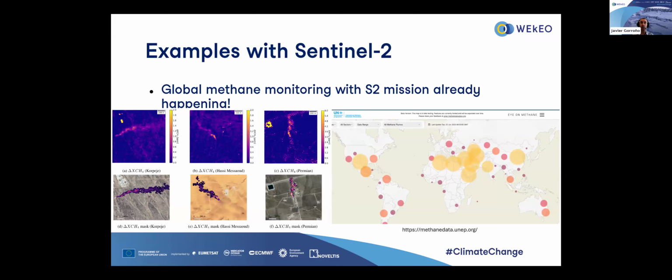facilities in the US. So if you go, for example, to this webpage called methanedata.unep.org, you will find over 10,000 or more at the moment detections with different satellites that they are continuously monitoring. Among them, many are with Sentinel-2.